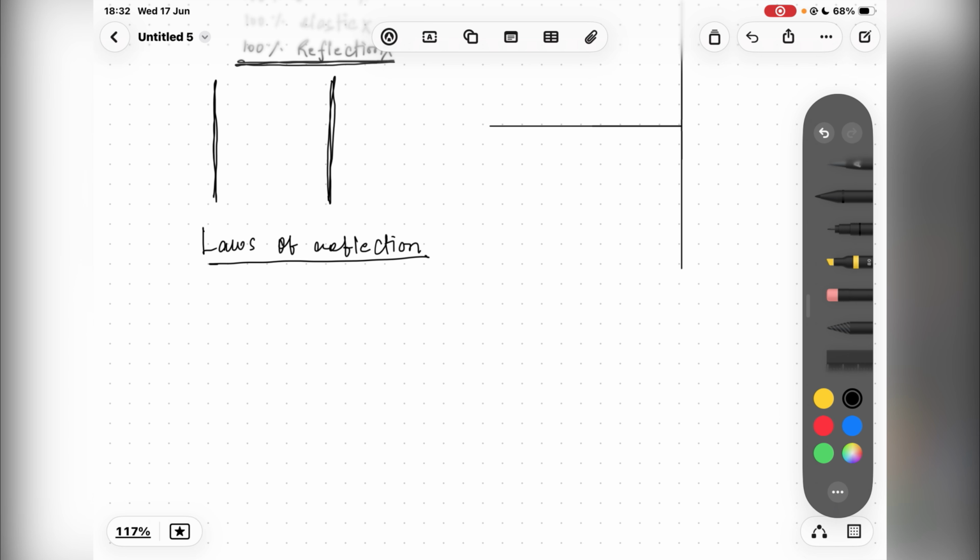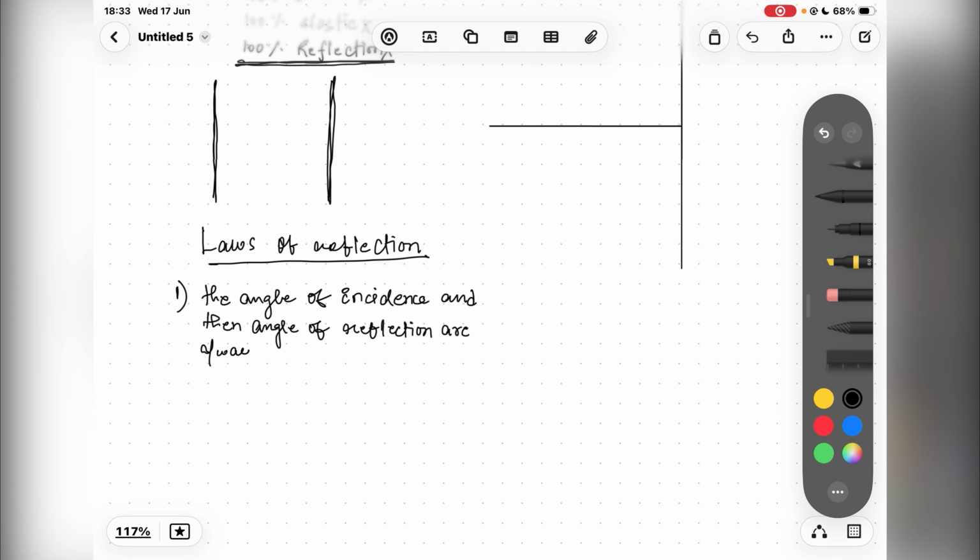Laws of reflection. There are two laws. The first one is that the angle of incidence and the angle of reflection are always equal.